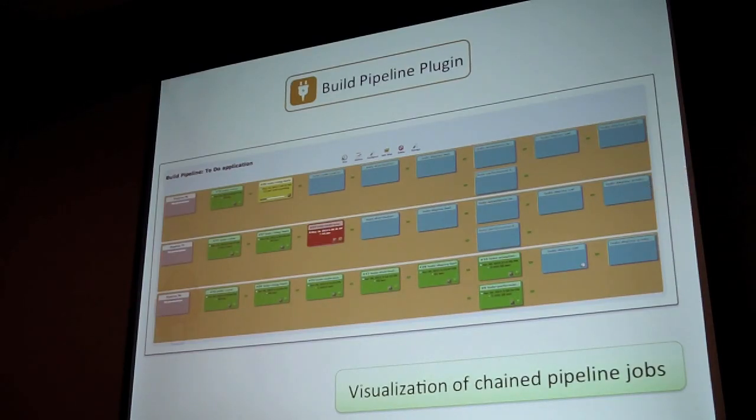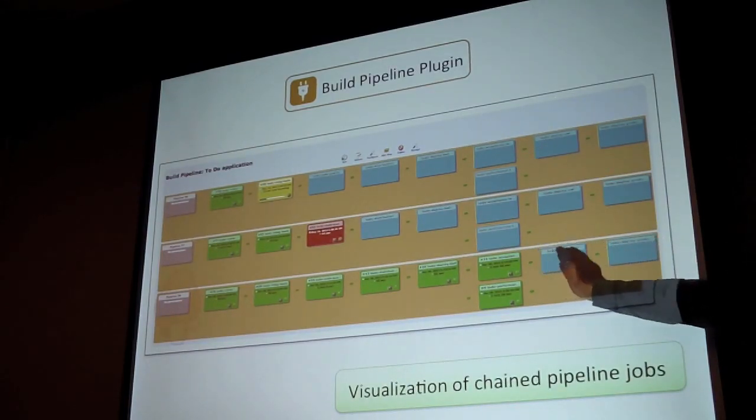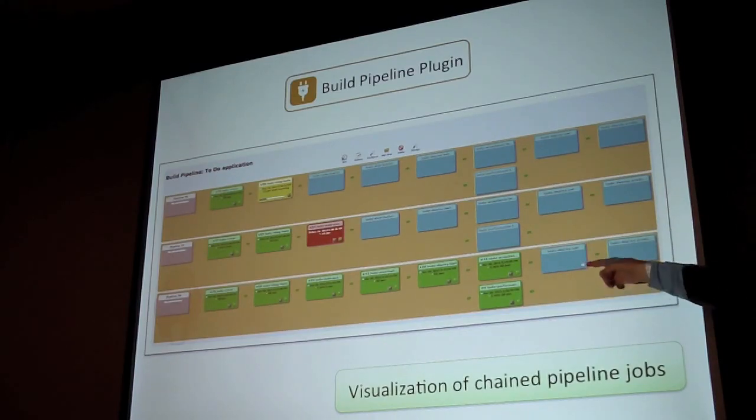The green one was successful, the one in yellow is currently running, and the blue ones are still supposed to run. Let's see, here's one of these buttons which allows you to manually trigger a build, deployment. So you can see here for to do deploy UAT, you can press this button later on. Actually, this build pipeline doesn't move further. It stops here, and only if you press this button, it will actually deploy it.